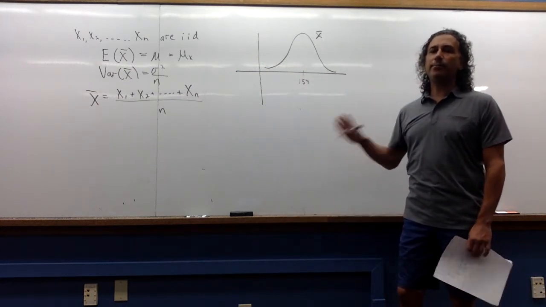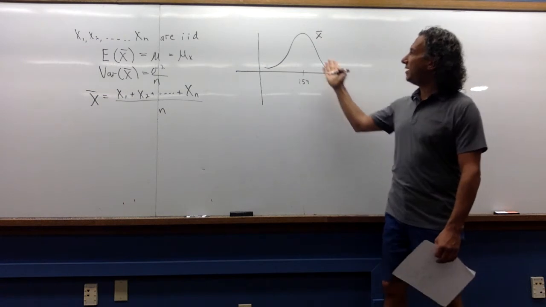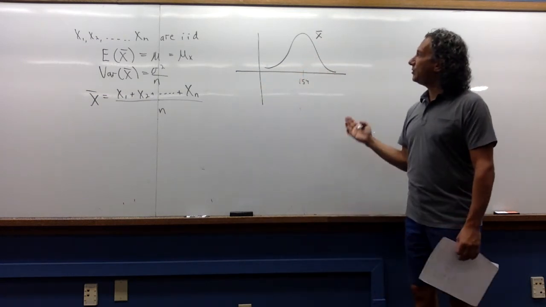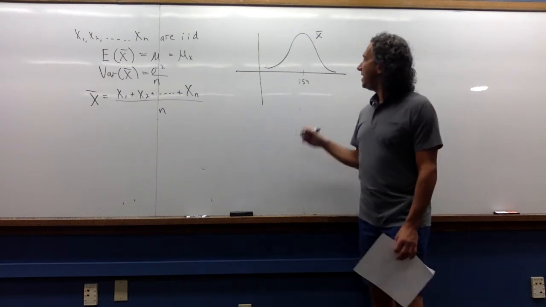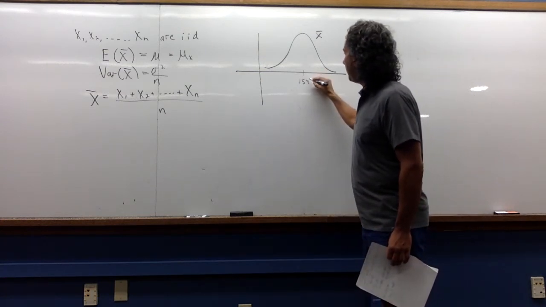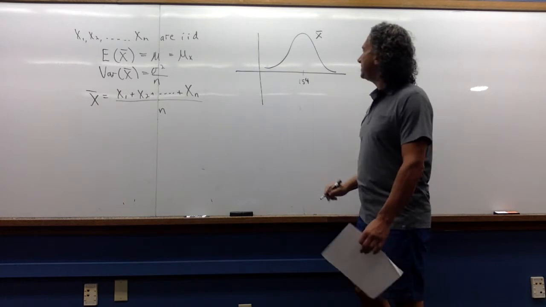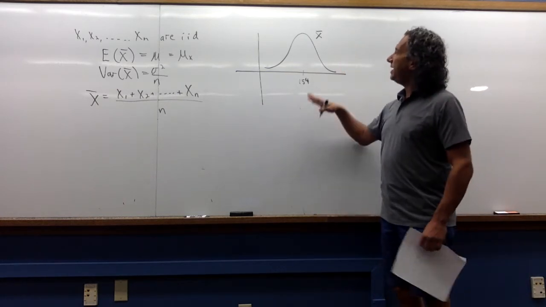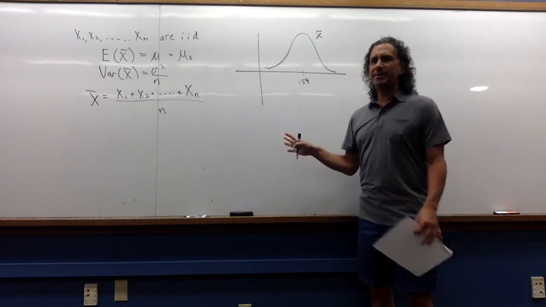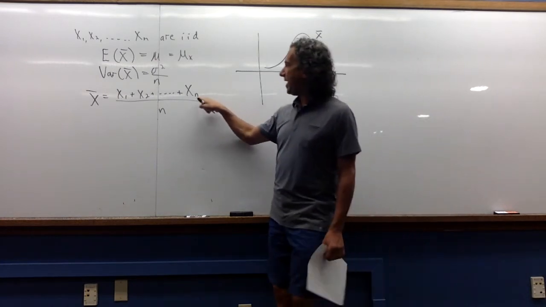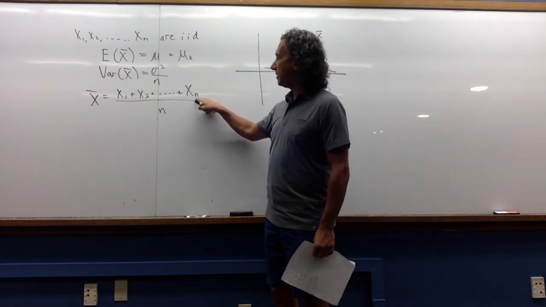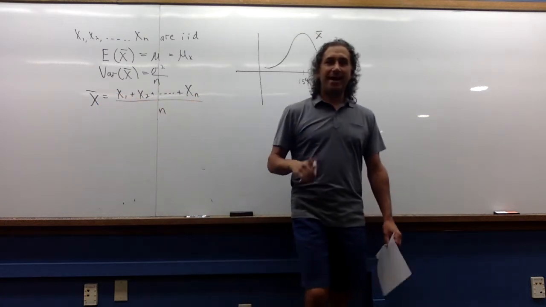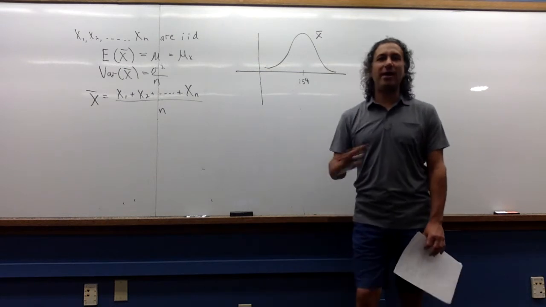Again, that is not a proof. We don't have the tools to actually prove this piece of the puzzle, but you'll see it in a computer simulation, and hopefully that makes sense from an intuitive standpoint. Okay, so x bar is normal, and I'm putting that in quotes because if n is 1, then x bar is just one of the x sub i's, and that definitely does not have to be normal at all.